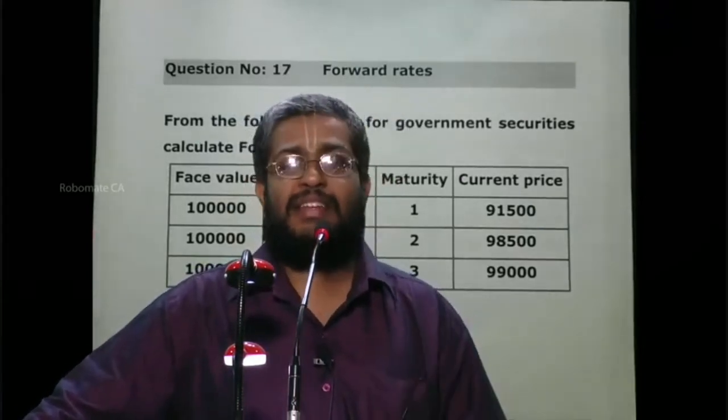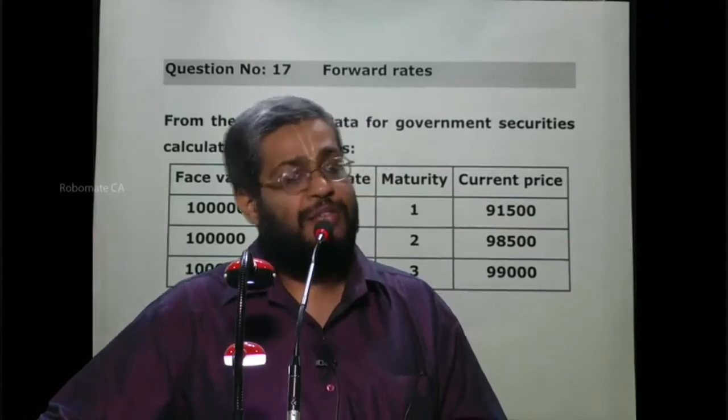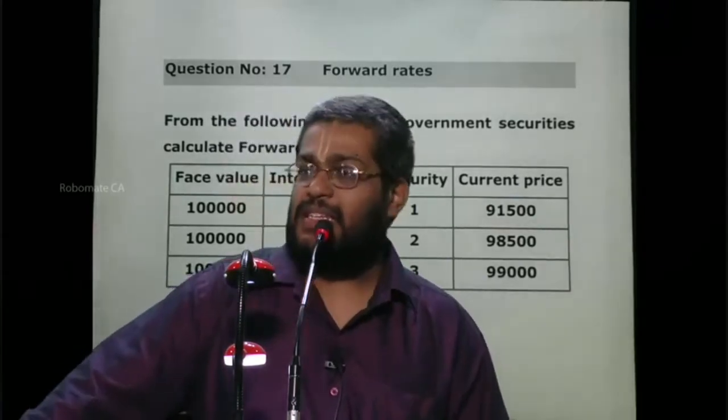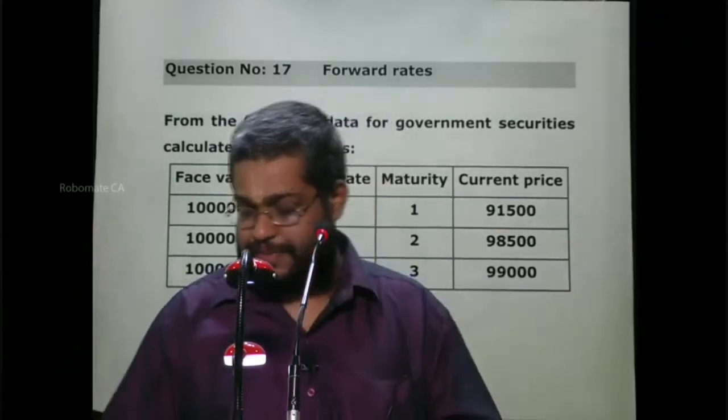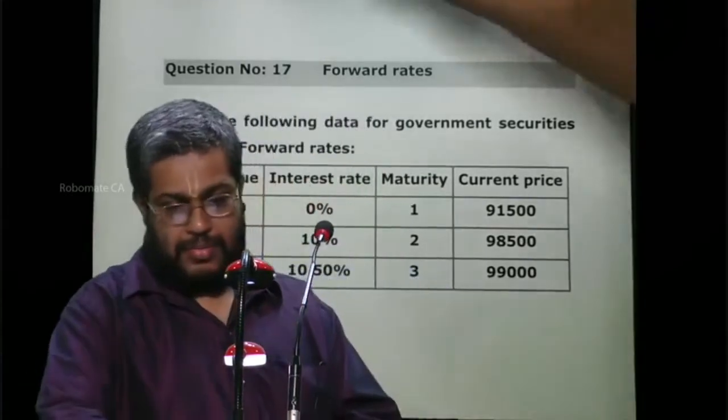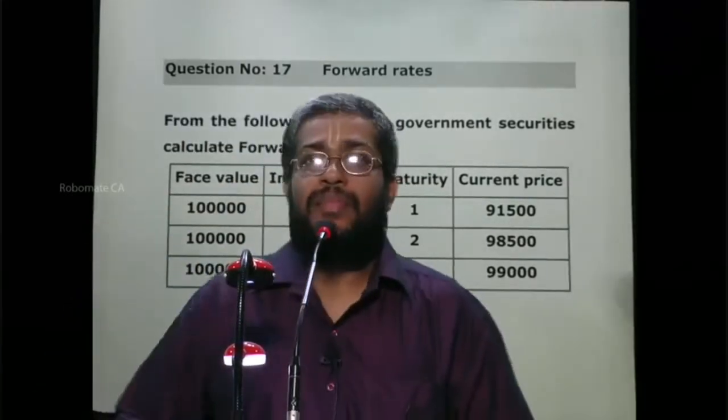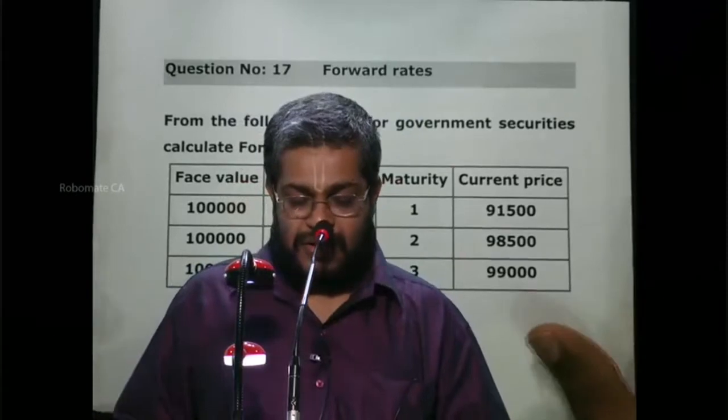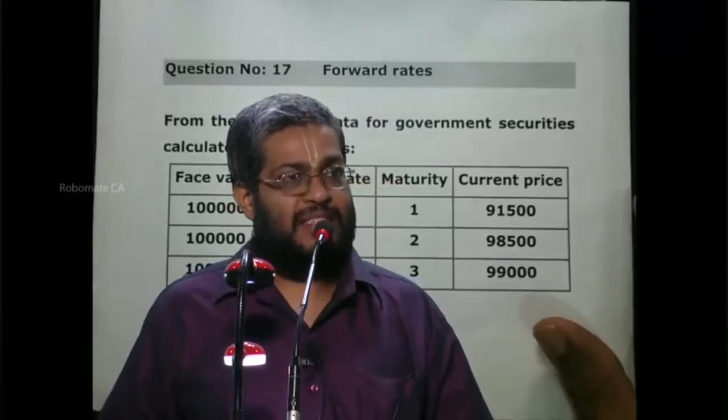I think next we discuss this particular concept called forward rates. Let me summarize and then go to the next stage. We understood forward rate with the help of question number 17.